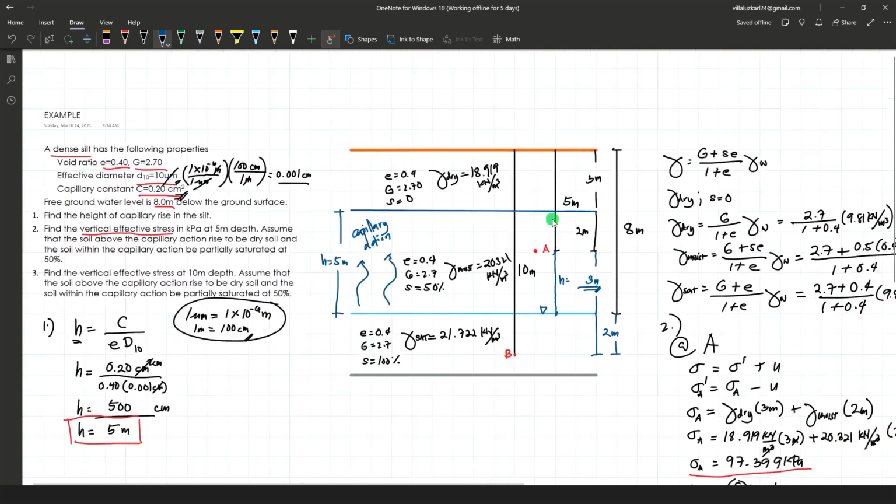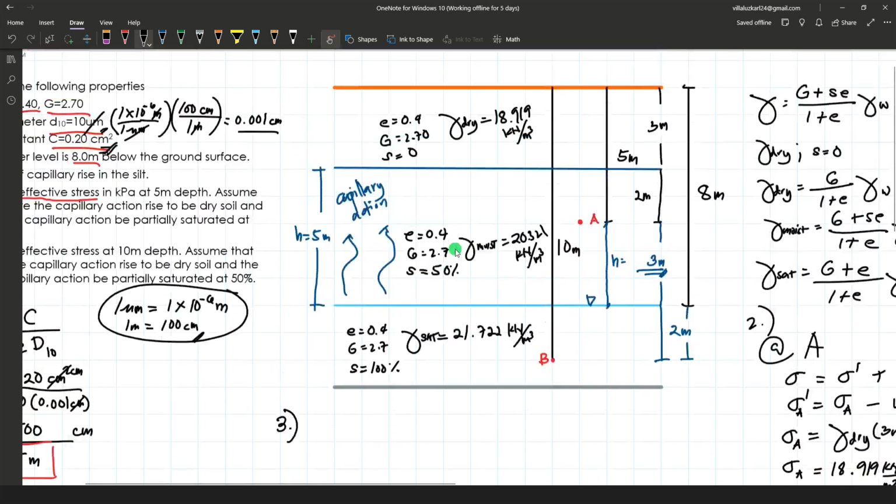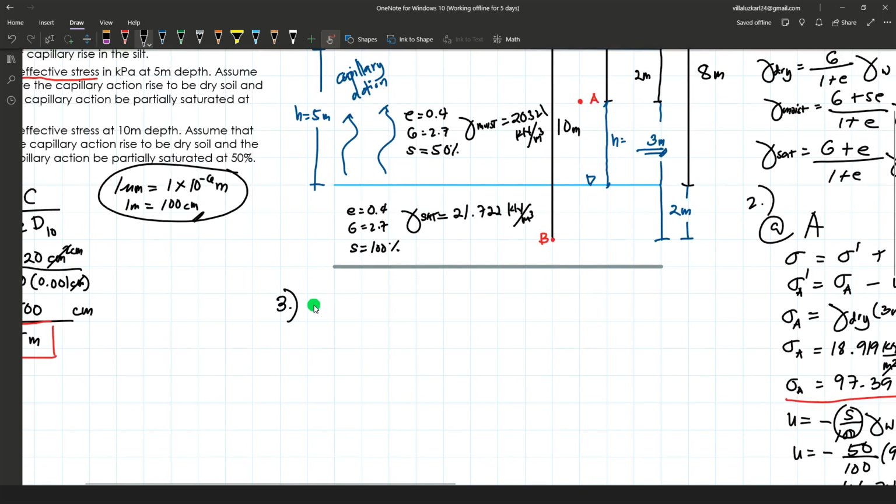So this is 2 meters right here, point B. For number 3, we can determine the total stress, which is equal to effective stress plus U. Or if we determine the effective stress, it is total stress minus U. So this is the easier solution.